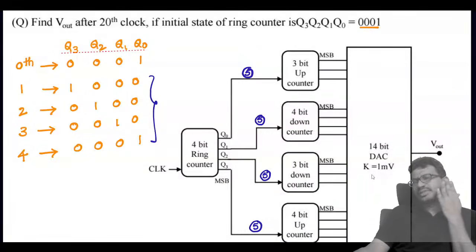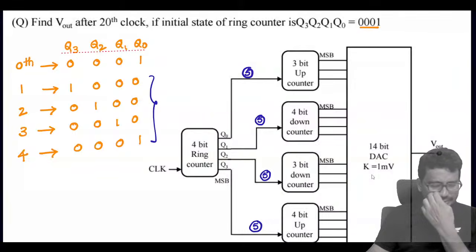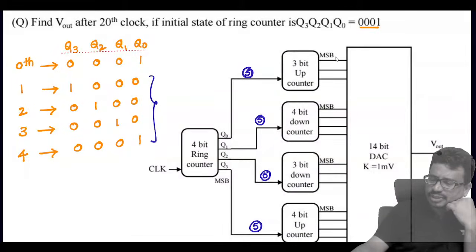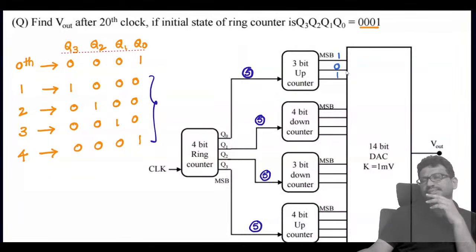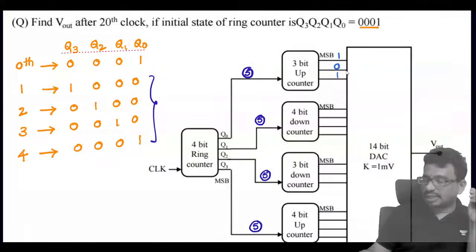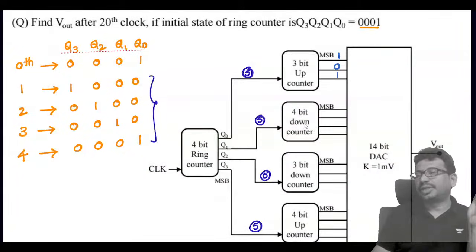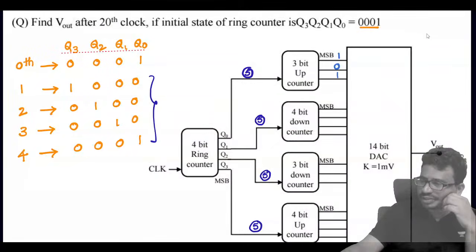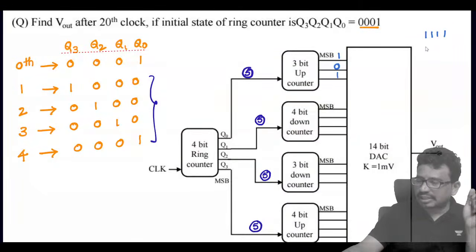Now you see this. This is a 3-bit up counter. So 5 times, 5 clocks gone, so that is 1, 0, 1. 5 clocks up counter. And this is a 4-bit down counter. Down counter 5 clocks. At the first clock, all the values are 1, 1, 1, 1.